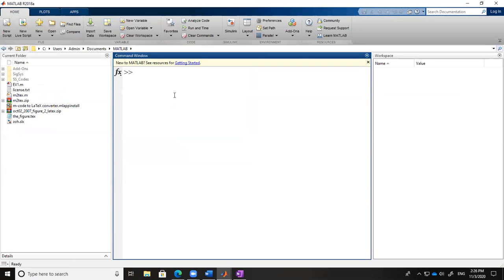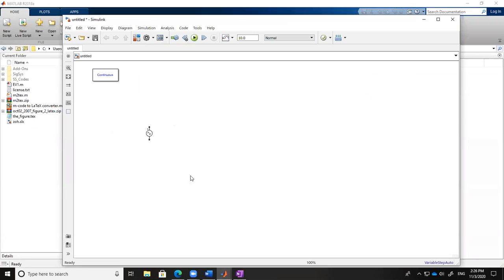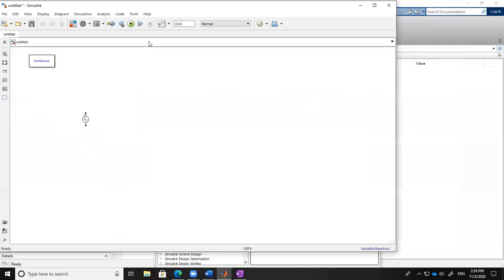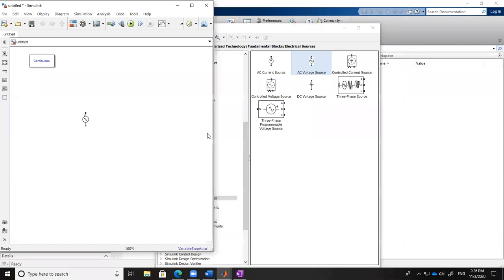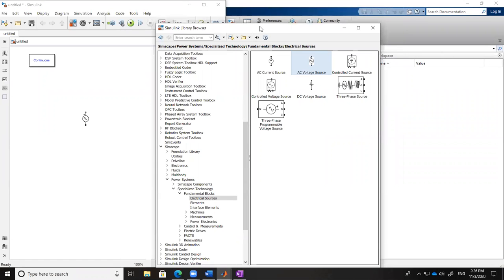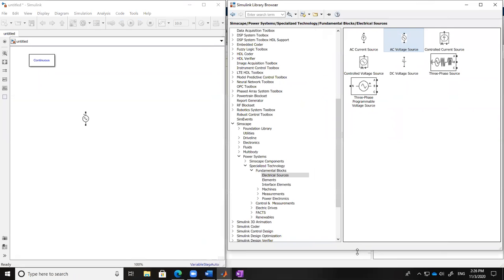Okay, so now I'm going to have one voltage source. Let us keep them side by side. After the voltage source, I need to find an element.